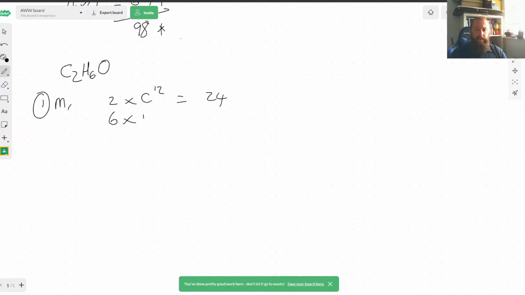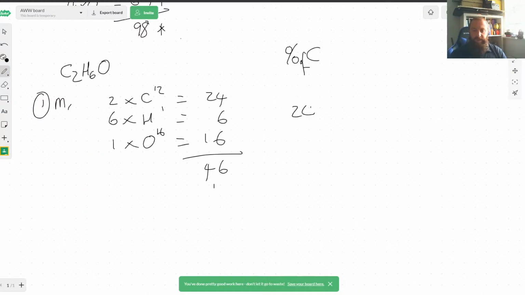I've got 6 hydrogen, and I've got 1 oxygen. So that's 24, 16, 6, which gives 46. We then want to work out the percentage, and we could just work out the percentage of carbon. So carbon's 24. We do 24 divided by 46 multiplied by 100.